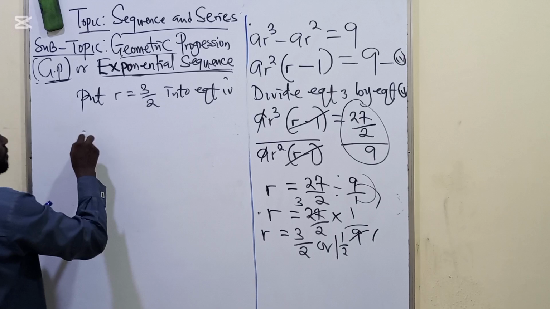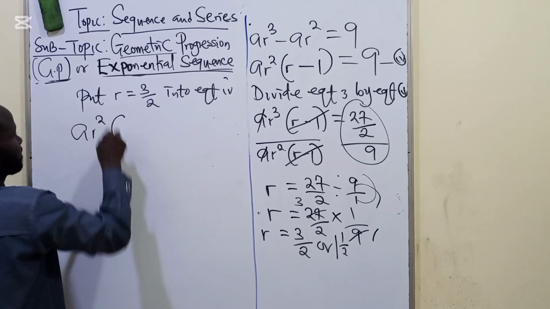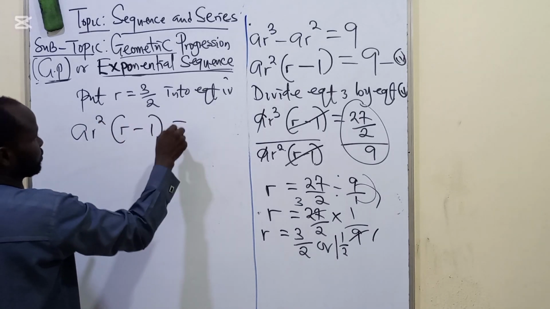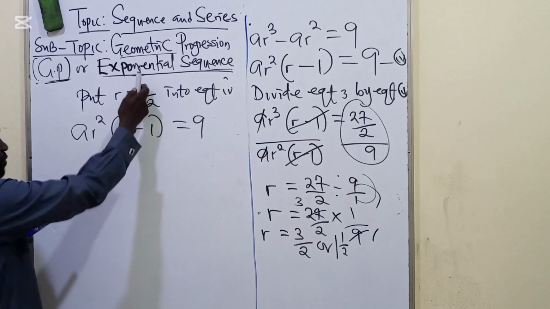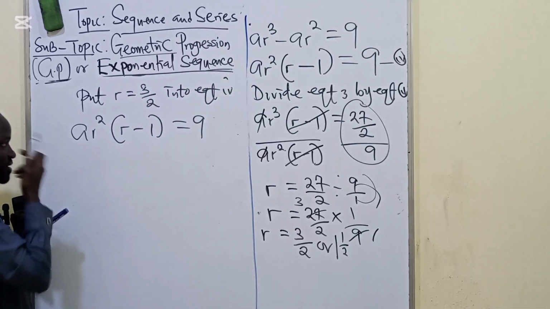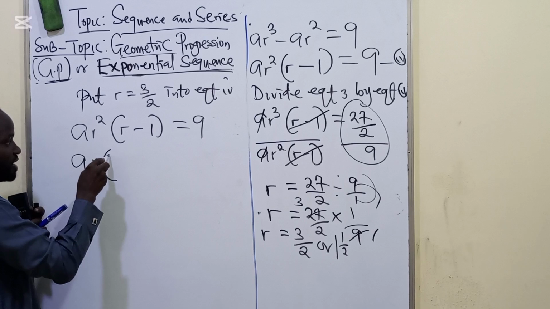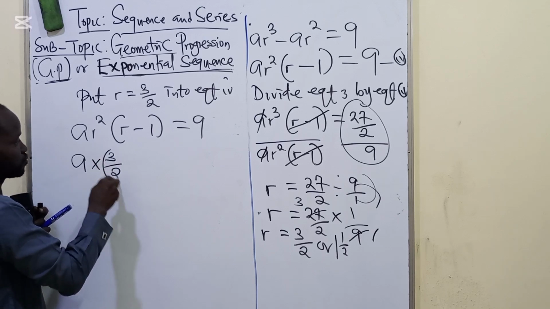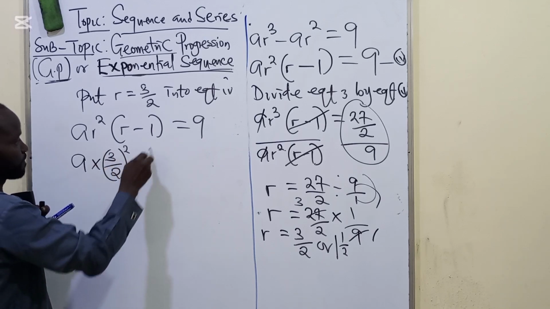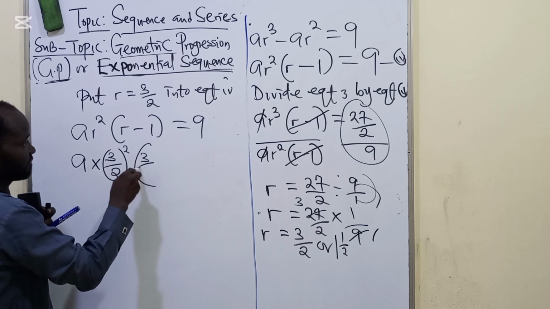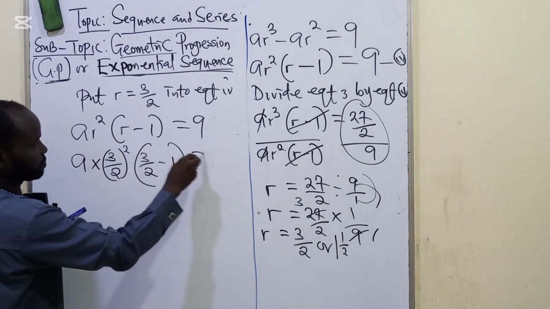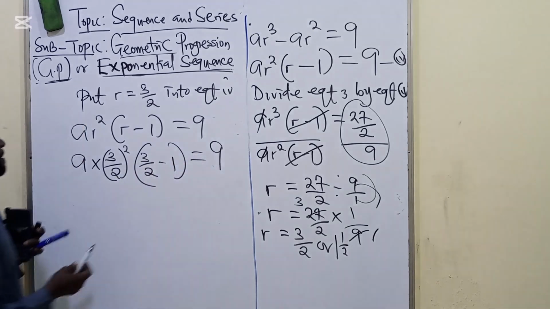Our equation 4 is AR squared into R minus 1 equals 9. Anywhere we see R, we put 3 divided by 2. This will be A now, times, in place of this R, we write 3 divided by 2 all squared, bracket open, 3 divided by 2 minus 1 must be equal to 9.